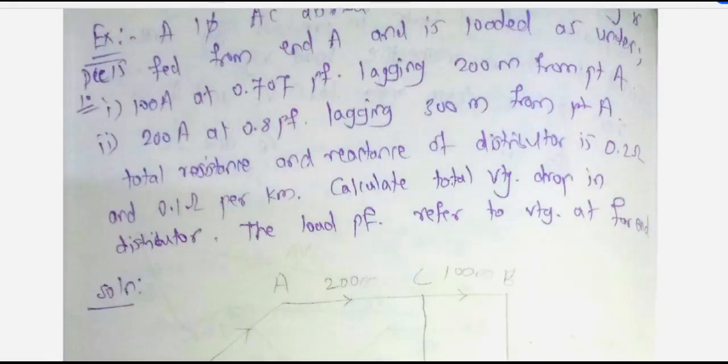The total resistance and reactance of the distributor is 0.2 ohm and 0.1 ohm per kilometer. Calculate the voltage drop in distributor. The load power factor is referred to the voltage at far end. So this is the condition.